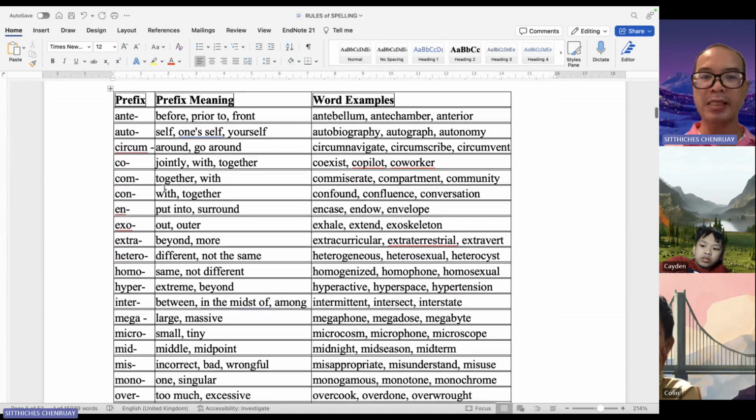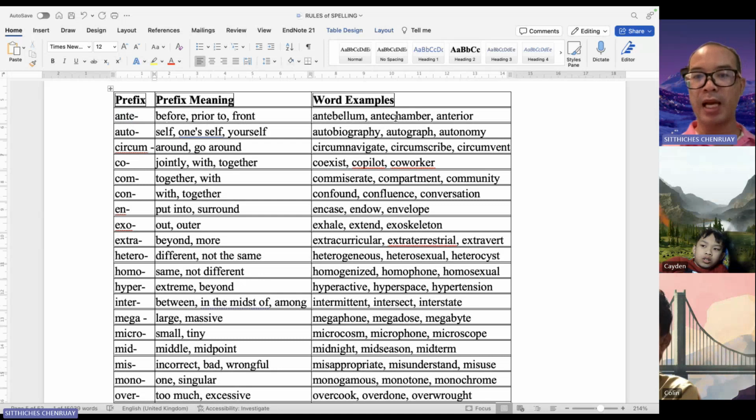Last time, this is the list of prefixes. Ante does mean before: antebellum, antechamber, anterior. Auto means self: autobiography, autograph, autonomy. Circum means around: circumnavigate, circumscribe, circumvent.